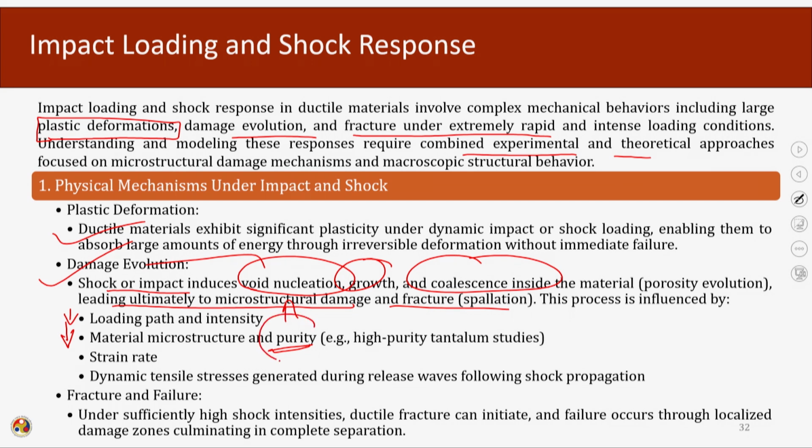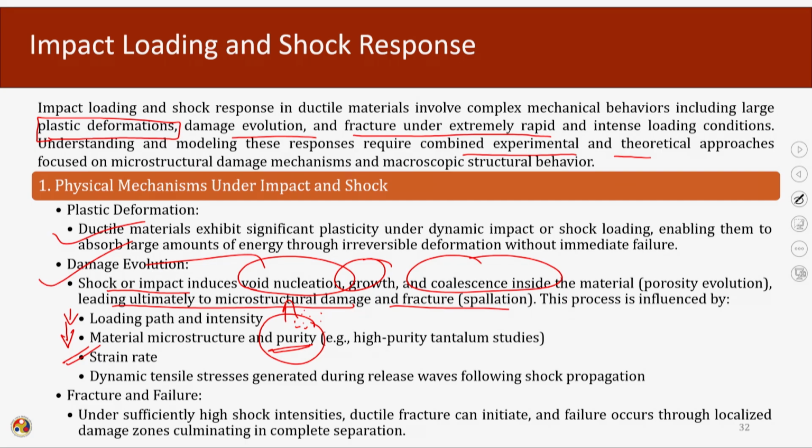If it is more pure, that is the grain size distribution is uniform and the percentage of impurity is less, then the damage mechanism and the fracture mechanism is a bit controlled. It depends upon the strain rate sensitivity, and also depends upon the initial and the final dynamic tensile stresses occurring during the application of the shock waves.